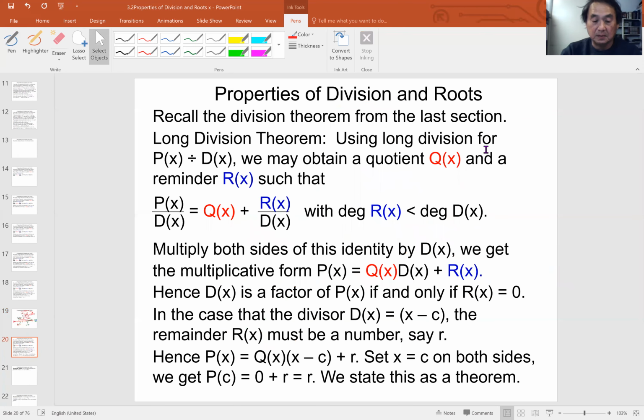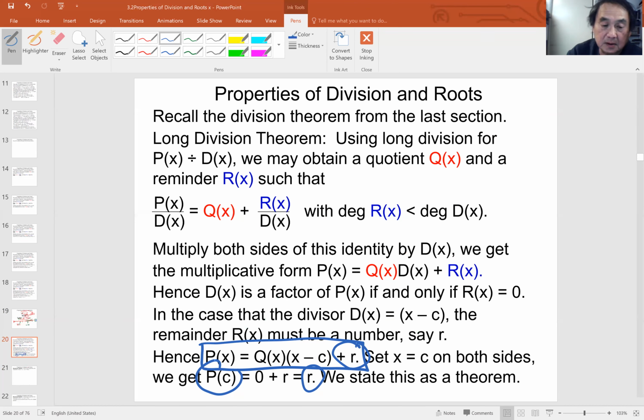In other words, this leftover number is whatever the polynomial p gives when plugging in the number 4. Written as an algebraic expression, that means p of x is some quotient times x minus c plus this number r, and this number r is precisely the same as plugging the number c into the formula.